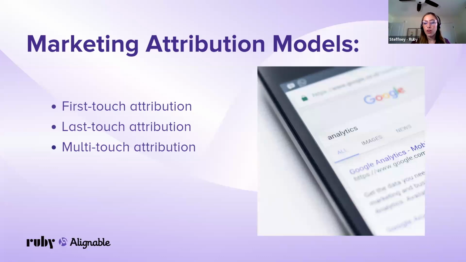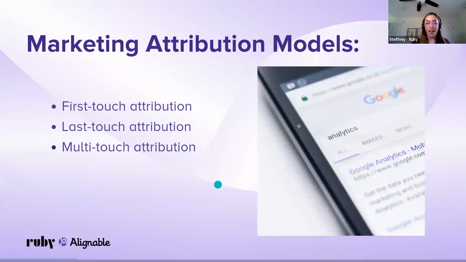This is a more advanced form of lead source tracking, and it usually requires having some sort of CRM solution in place to help you monitor all of that activity. For small business owners, we typically recommend the first touch attribution model because it is the easiest to track. It doesn't require a CRM and attributes success by tracking how leads initially found your business.